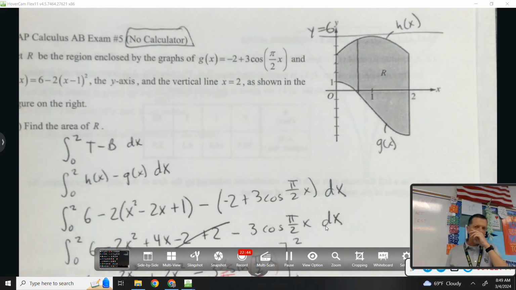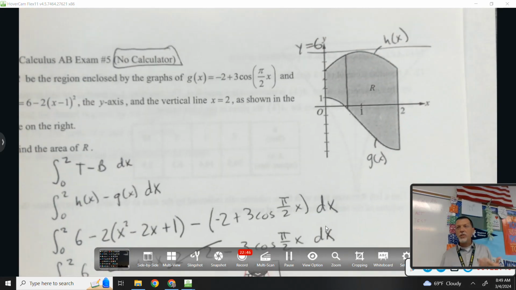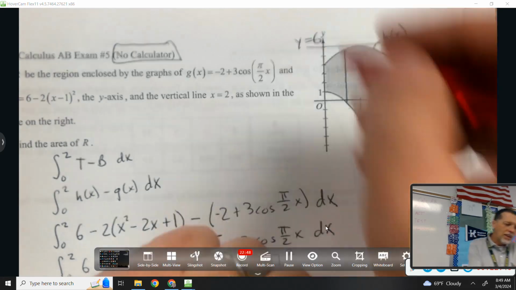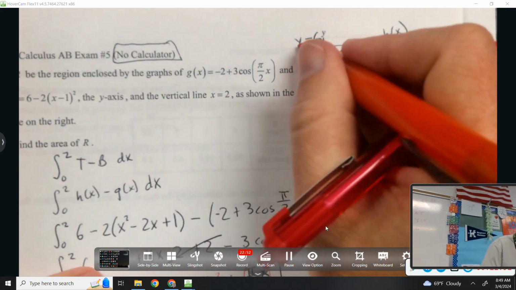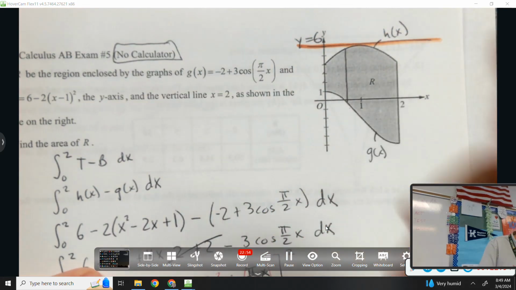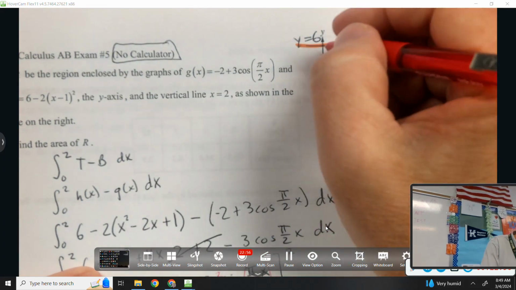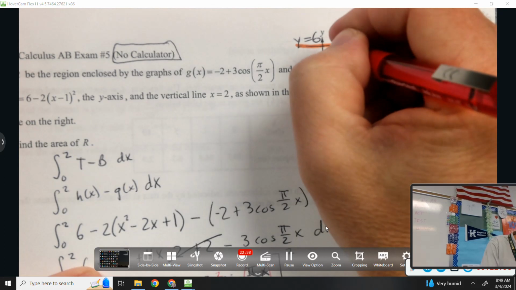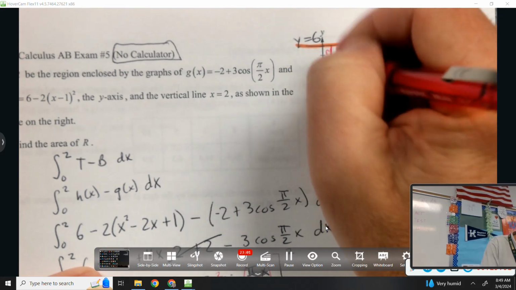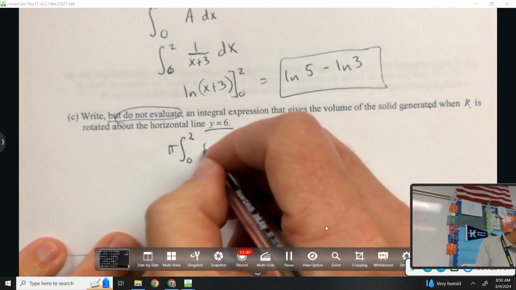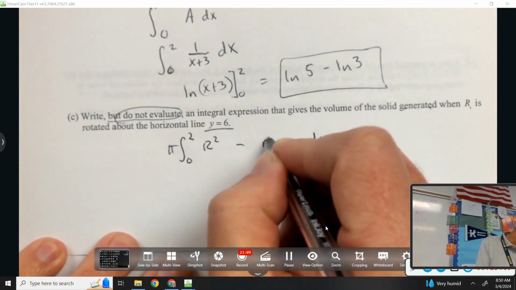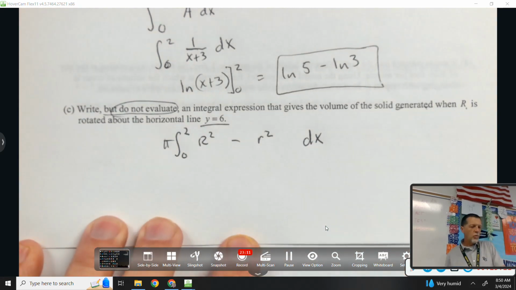Disk or washer? Washer, because there's space between the axis and the region. So I just need a little r and a big R now. Let me slow down here. Big R squared minus little r squared for a washer.